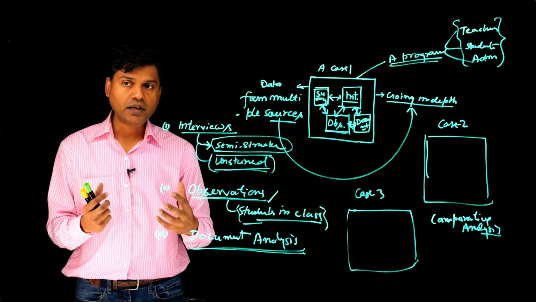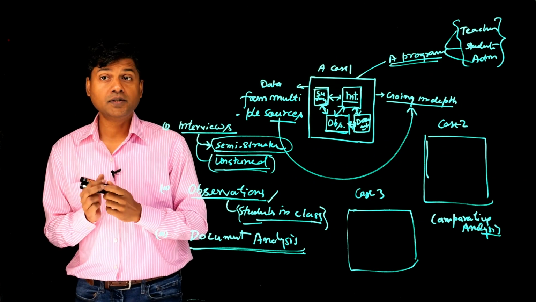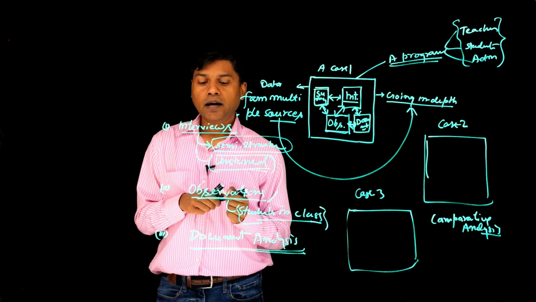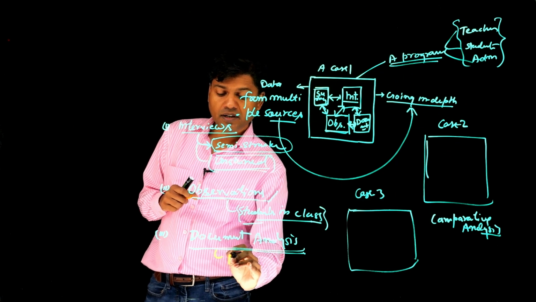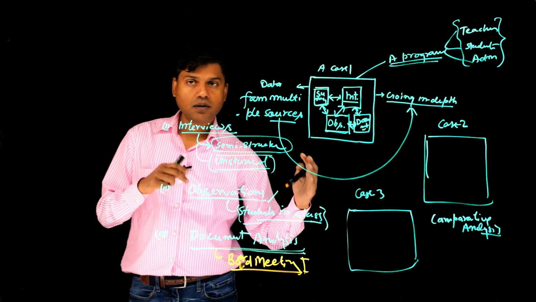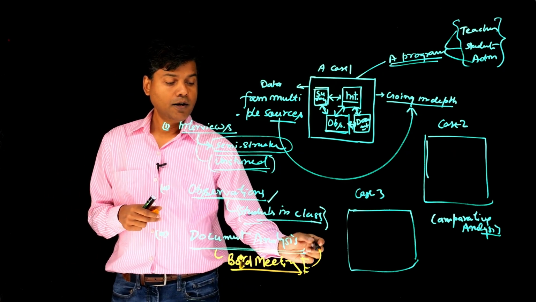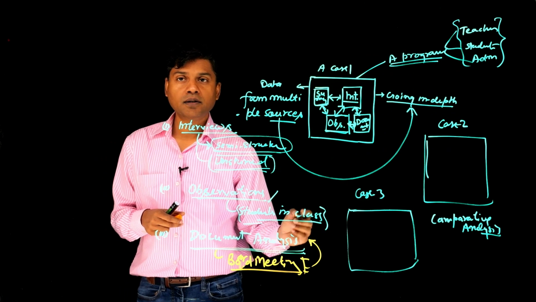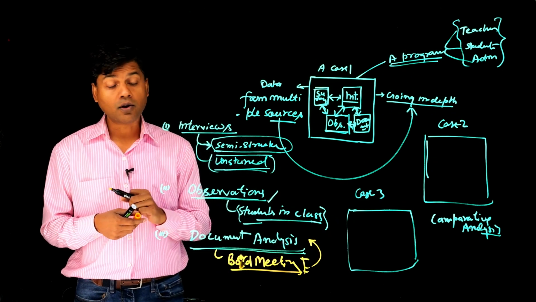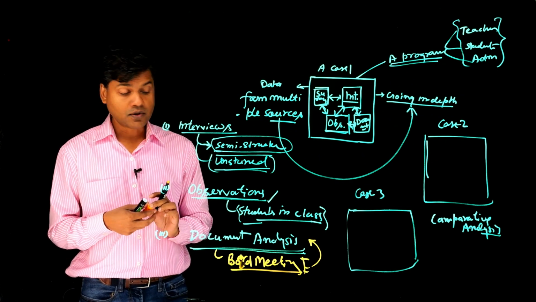I'm exploring a case of a particular organization, and let's say I'm interested in the decision-making process in that organization. So I can access the board meeting documents, the meeting minutes, and then I can analyze those to understand the decision-making process used in that organization. So document analysis is also a popular means of collecting data.